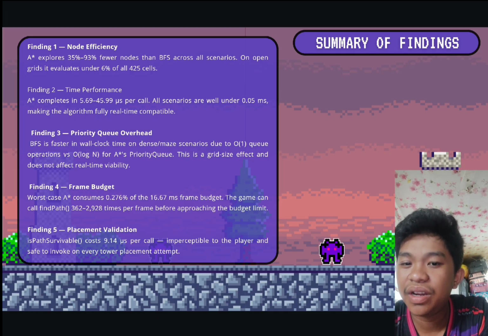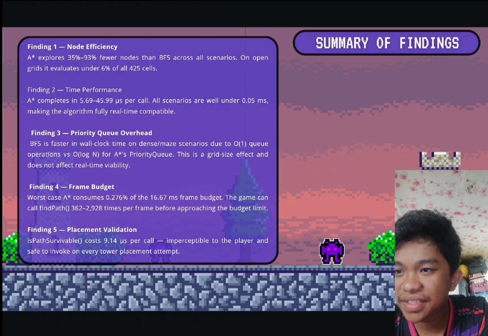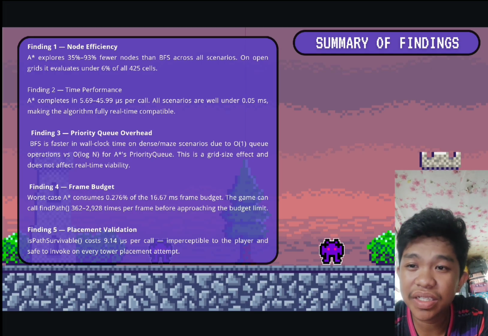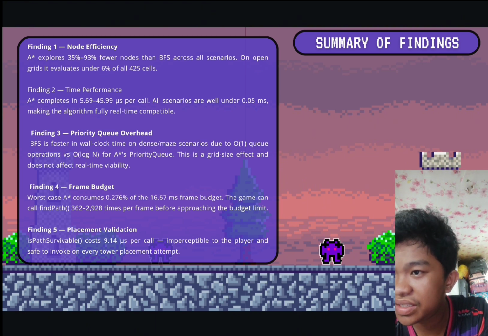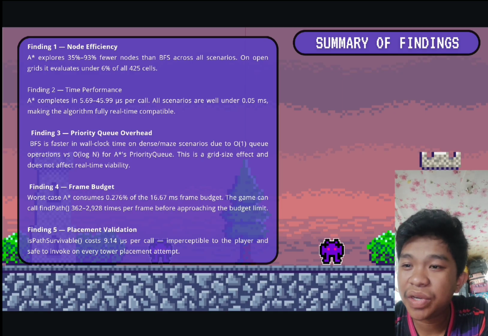Finding 4. Frame budget. Worst case, A-star consumes 0.276% of the 16.67 ms frame budget. The game can call findPath 362 to 2,928 times per frame before approaching the budget limit.